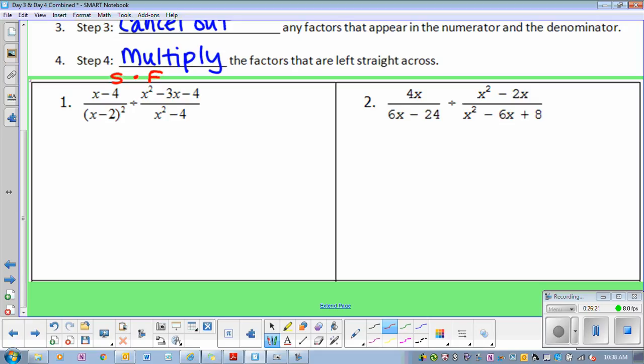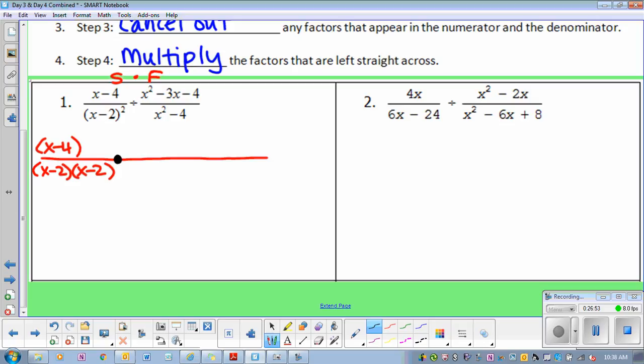Alright, so we're going to rewrite this. First fraction stays the same. So we have x minus 4, and on the bottom, we have x minus 2 squared. You guys told me that's like having 2 of them. And this division turns into a what? Times.